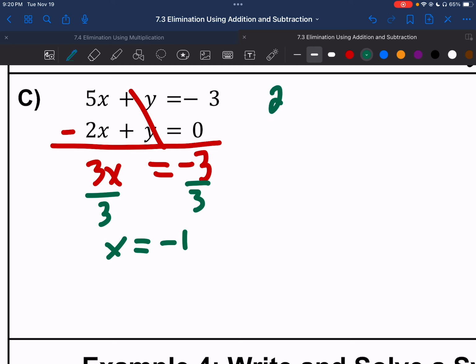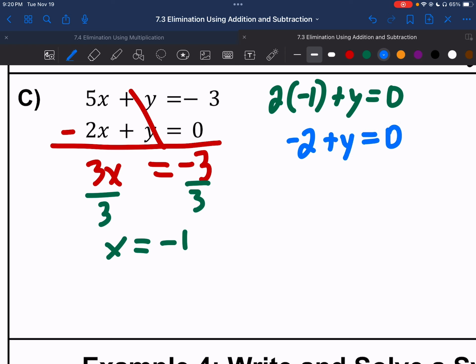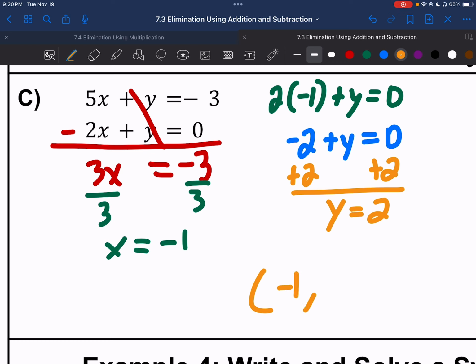So now we have 2 times negative 1 plus y equals 0. 2 times negative 1 is negative 2 plus y equals 0. And we're going to add 2 to both sides. Y equals 2. So my ordered pair is negative 1, 2.